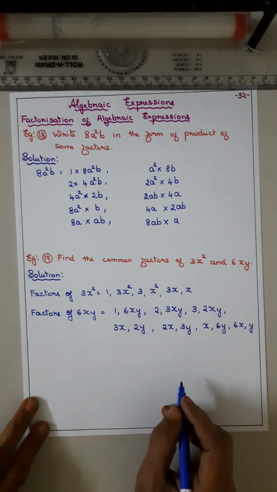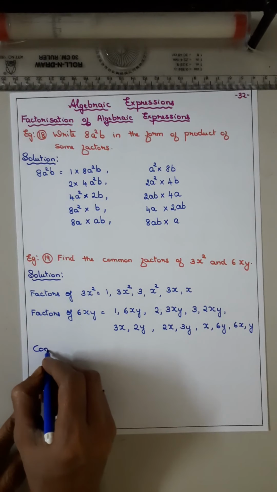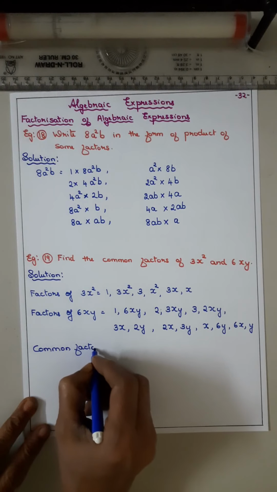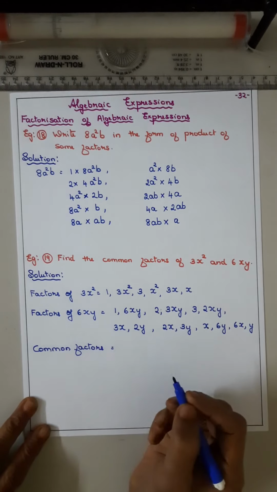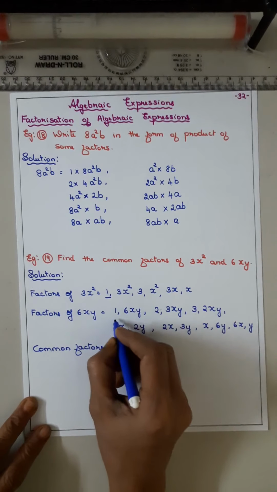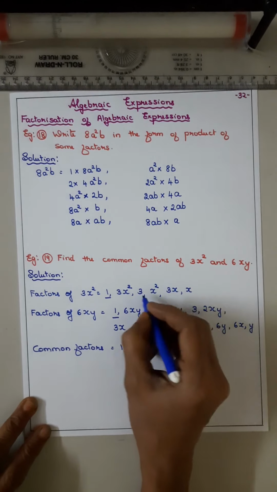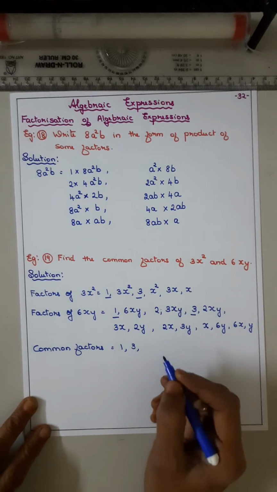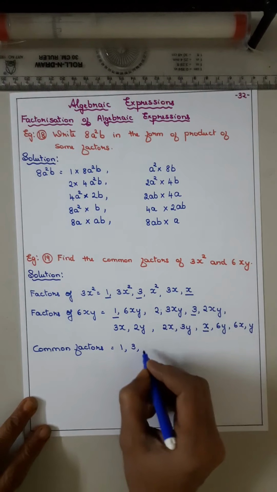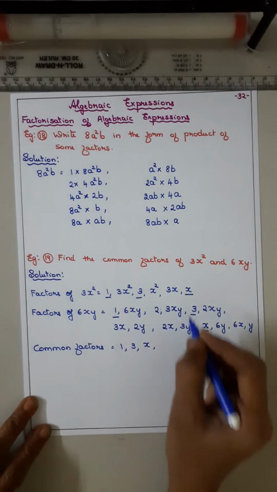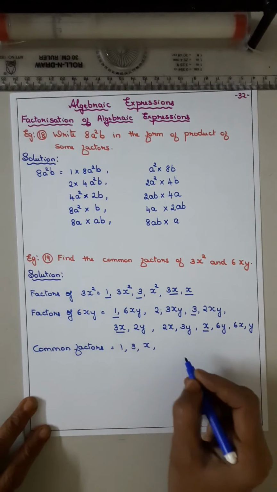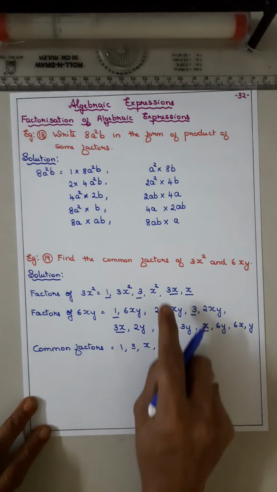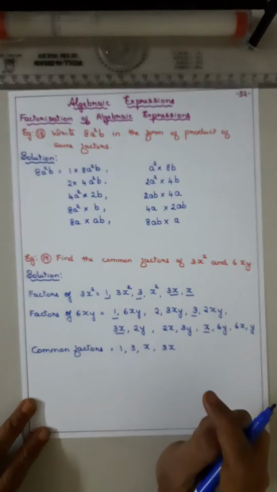Now see common factors. Common factors: 1 is there, 3 is there, x is there, then 3x is there. x squared is not there, 3x squared is not there.